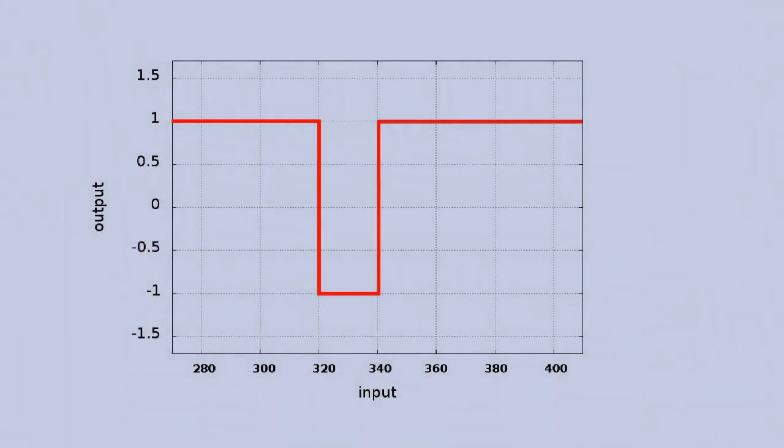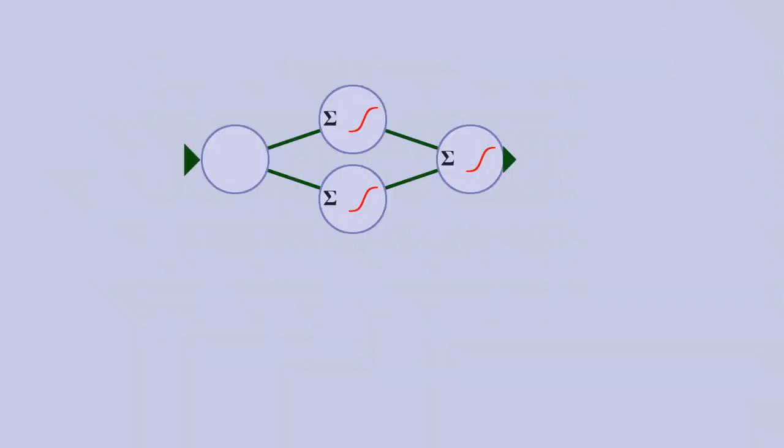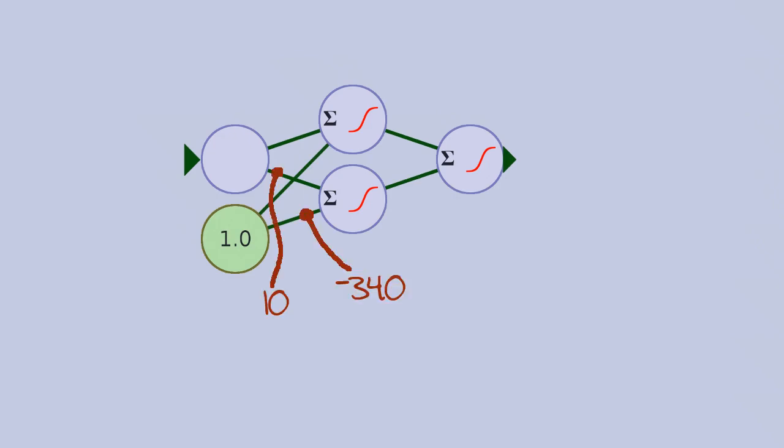Well, you can think about that a little bit if you want to, but I'll tell you this much. It's going to be a lot easier if we add a hidden layer in here and add a couple more neurons in the middle, in the hidden layer. Now we've got a couple pathways that we can take in here. We can see that if this neuron here had a bias of minus 340 and a large weight on its other input, then its output will be driven high when its input is above 340.